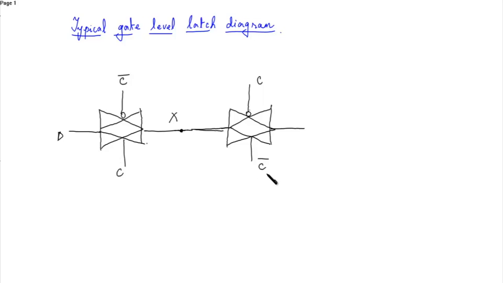This will turn on when C is equal to 0. So we'll have a buffer over here, that is connected after this first transmission gate.